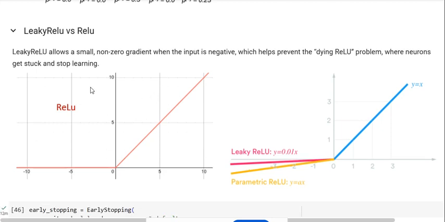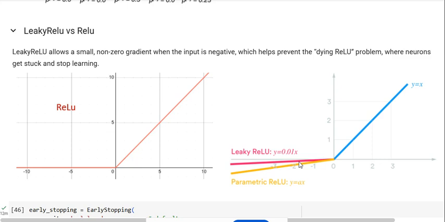Another thing that I tried was to use LeakyReLU instead of ReLU. LeakyReLU allows some small non-zero gradient when the input is negative. We didn't have negative inputs in our images, but the output of hidden layers could be negative.